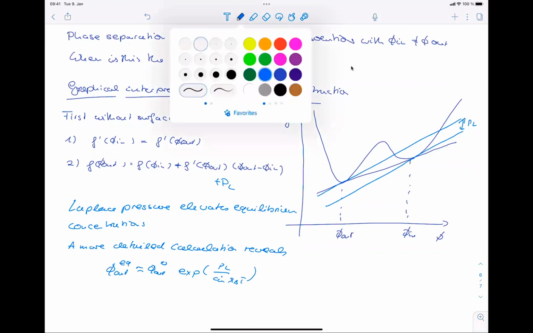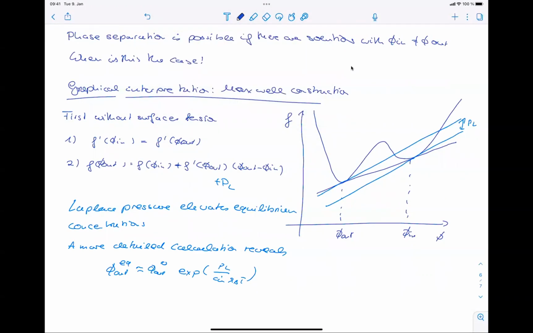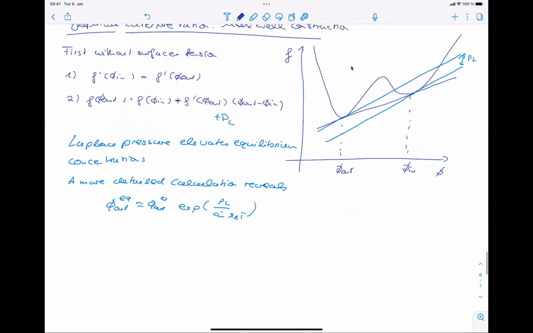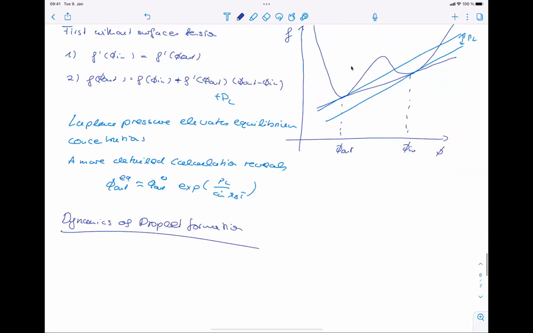So this is, in a sense, like putting what we learned about binary mixtures in the context of droplets. And as I said, I again want to use this to move towards current research questions by now looking at the dynamics of droplet formation for the next 15 minutes.